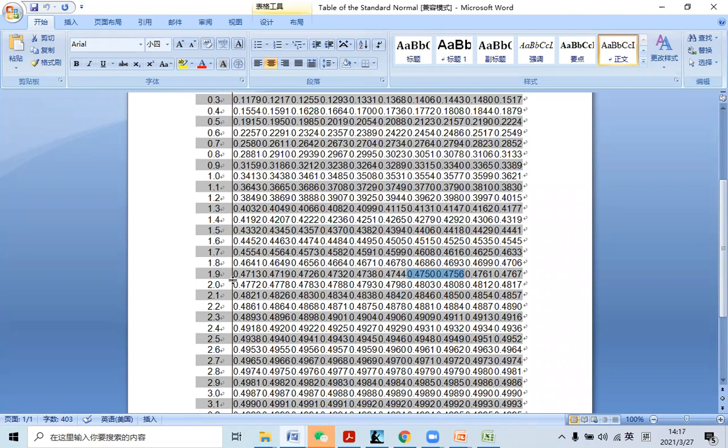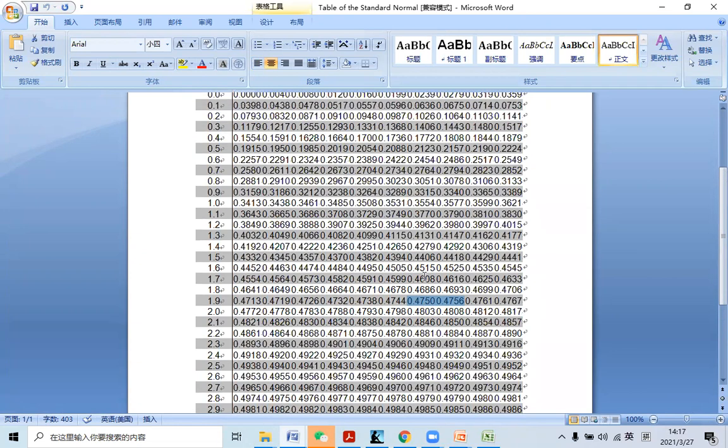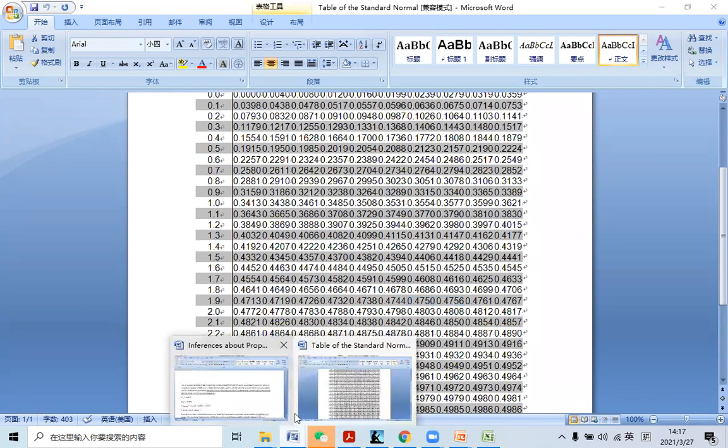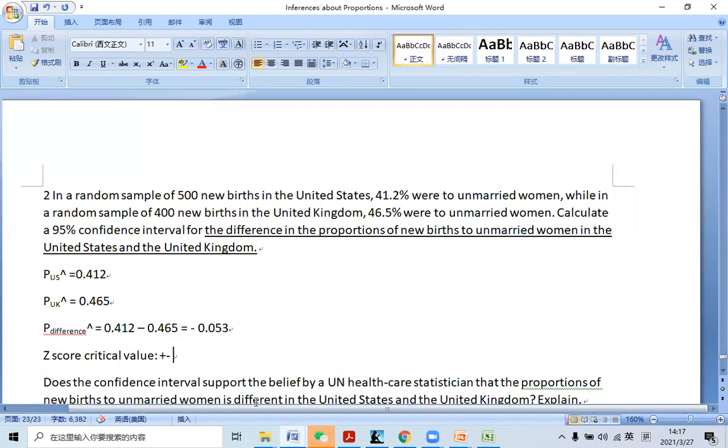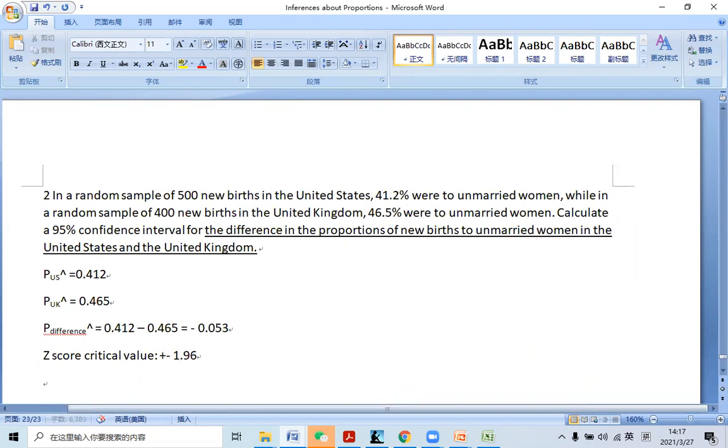Here we have this one. 47.5, that's 1.96. That's 1.96 standard deviations above or below the mean.